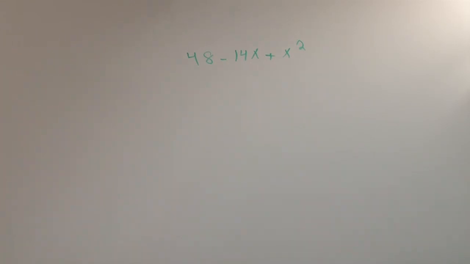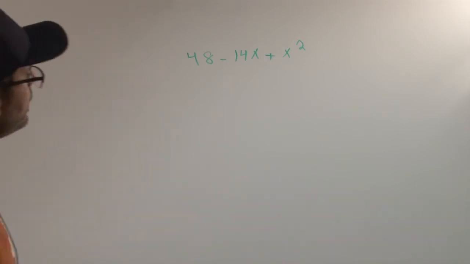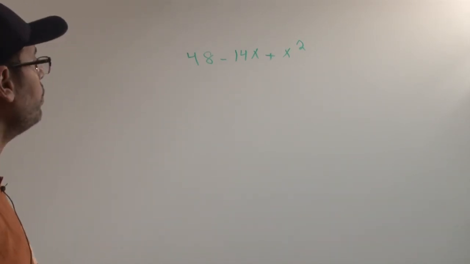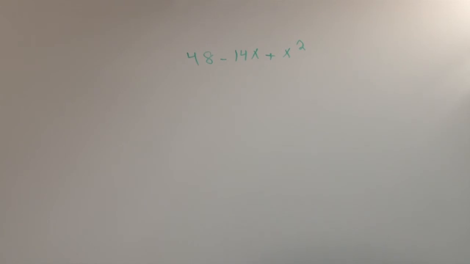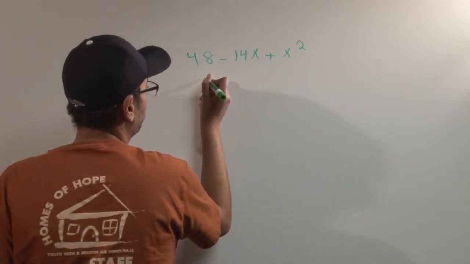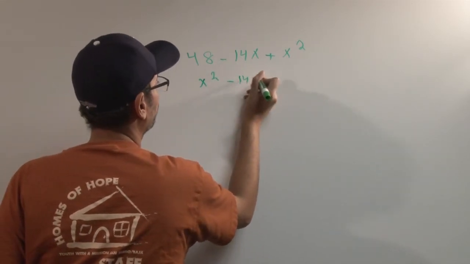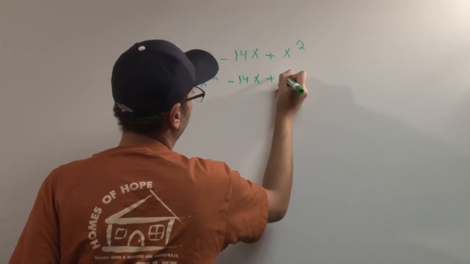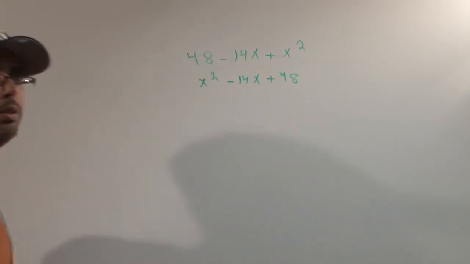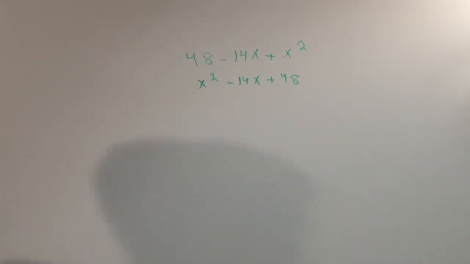Uh-oh. x squared is not the first term this time. Okay, what's the problem? Let me arrange my polynomial. I got used to having this in the beginning. This is the middle one. And this is the last one. Now, it's a normal problem for me.